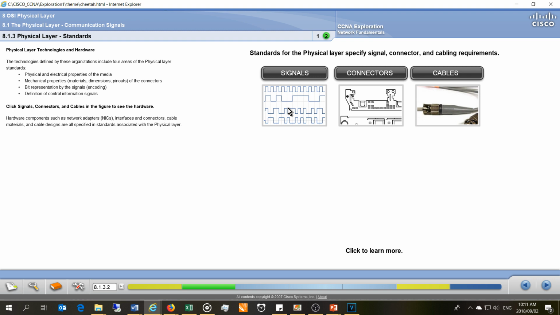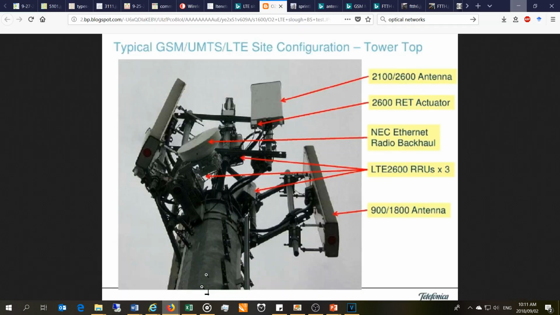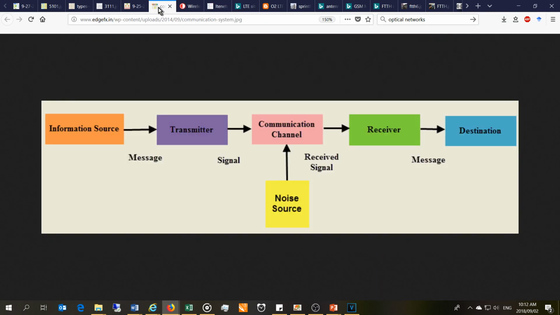All right, and the final thing, we need to have transmitter and receiver circuitry on the network devices. Remember, I showed you in this diagram, we cannot just send information onto a channel. We can't just plug in an Ethernet cable and assume it's going to work.